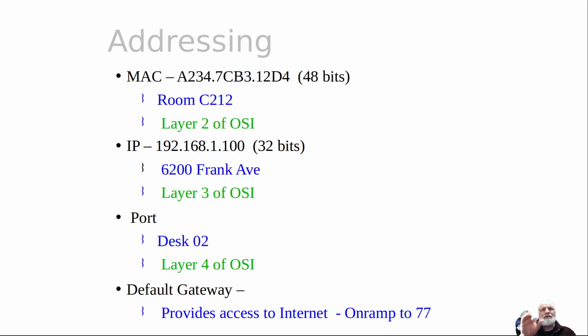Okay, so the host number is equivalent to the building number, like 6200 is Stark State's building number on Frank Avenue. But the IP address is kind of flipped. The host number is on the right-hand side and the network number is on the left-hand side, so they're flipped from a street address like this.